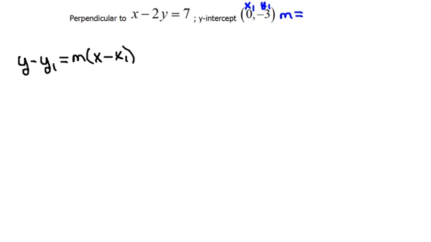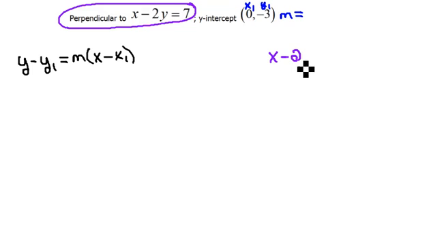Well, they didn't really give us the slope, but they said that it's supposed to be perpendicular to this line. So let's look at what the slope is for this line. We have x minus 2y equals 7. And if we subtract x from both sides, then we have negative 2y equals negative x plus 7.